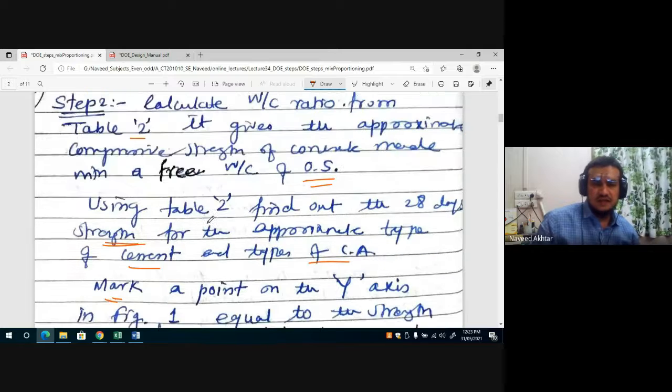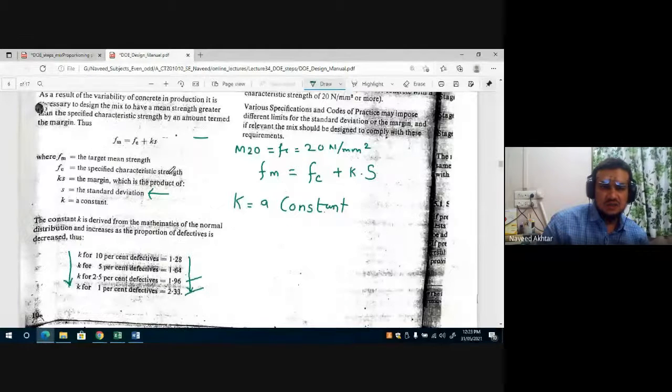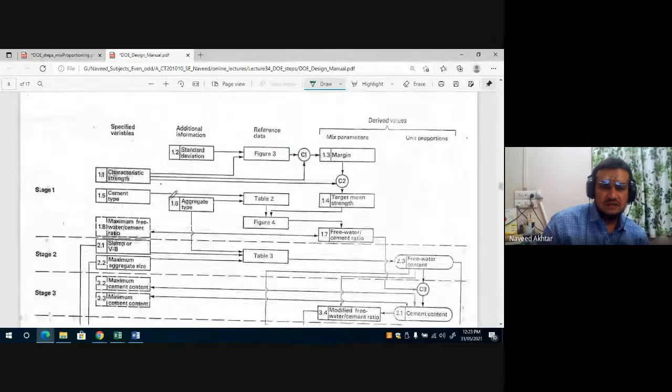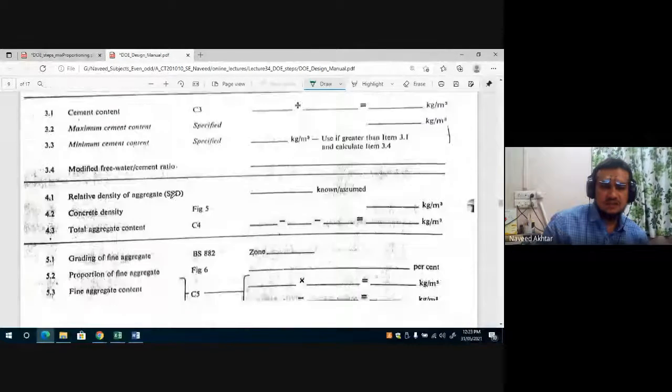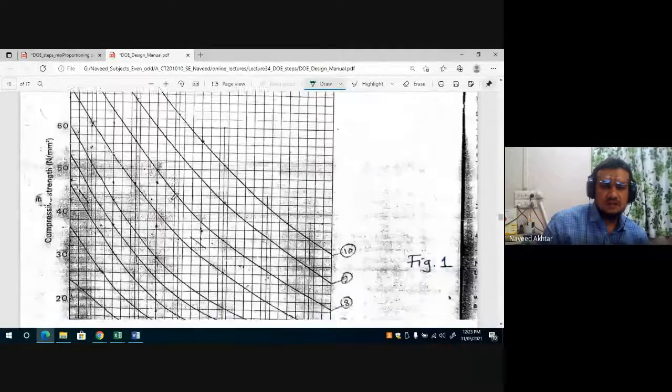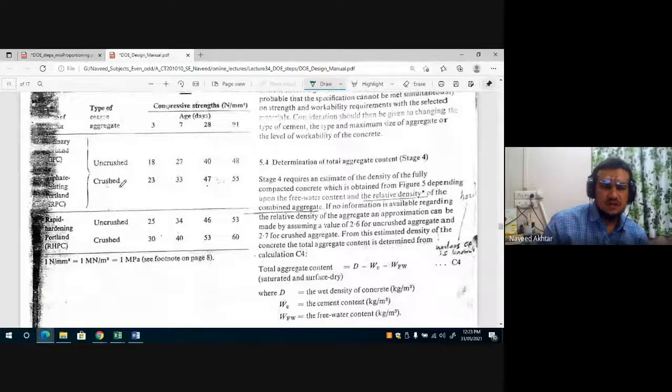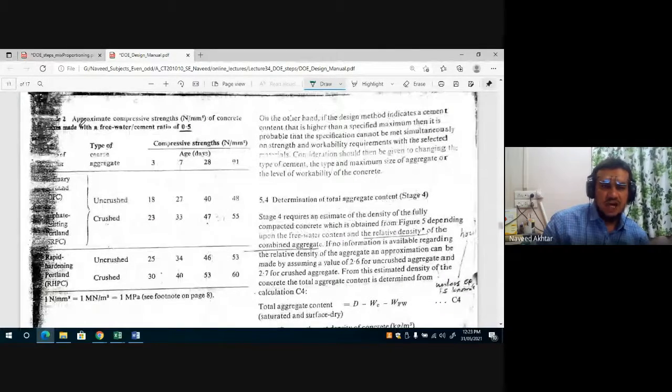So first we will see how to choose the strength from table number 2. This table number 2 is given in your manual. You can see, this is table number 2. Approximate compressive strength in Newton per mm square of concrete made with a free water to cement ratio of 0.5, and the type of cement is given here.